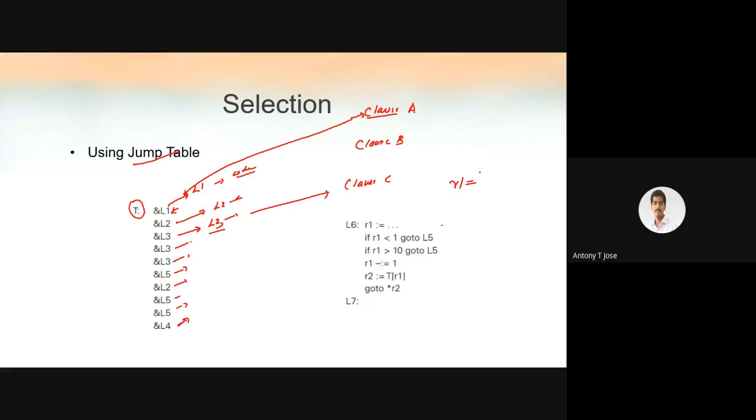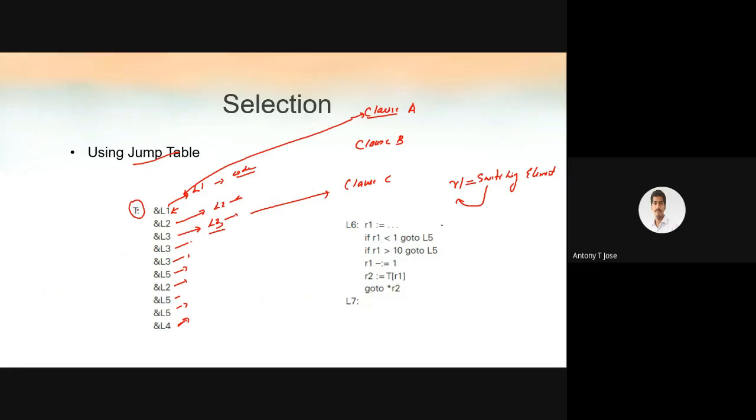That is the switching element. Whichever the switching element is, its value is copied to R1. So R1 has the value of the switching element. Clear?